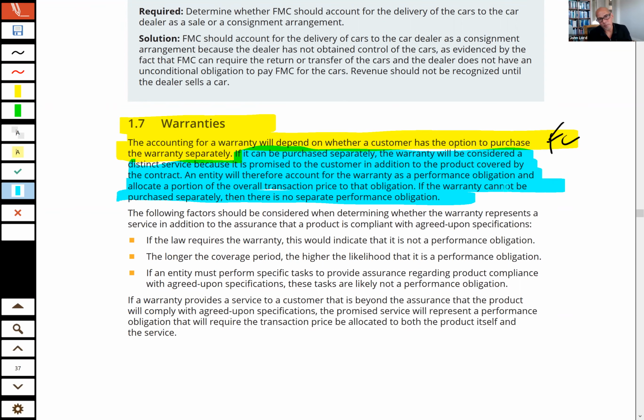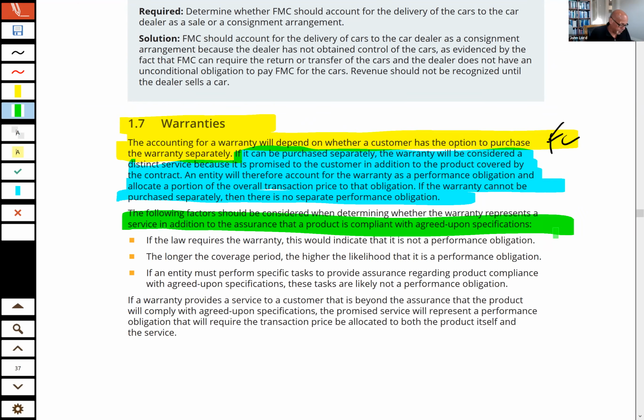Guys, save yourself some hand cramps and just write that first part on the flashcard because it says it all right there. Okay. Now, let's take a look though at the following factors that will indicate whether it is a separate performance obligation. And let's flashcard those in case a question gets a little more descriptive instead of prescriptive in what they're asking you.